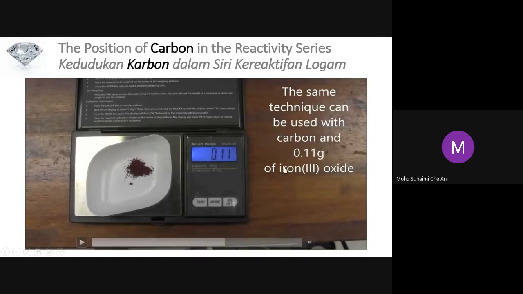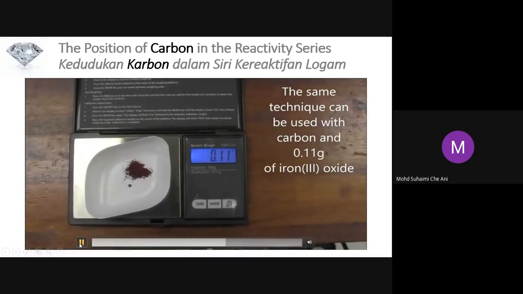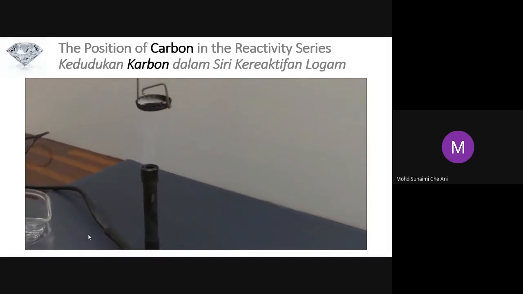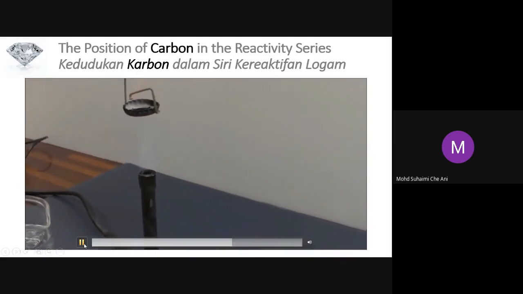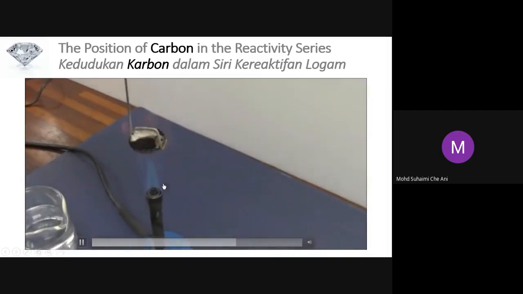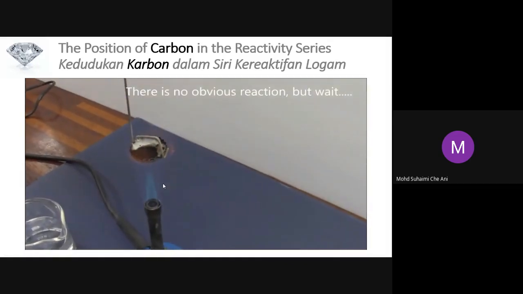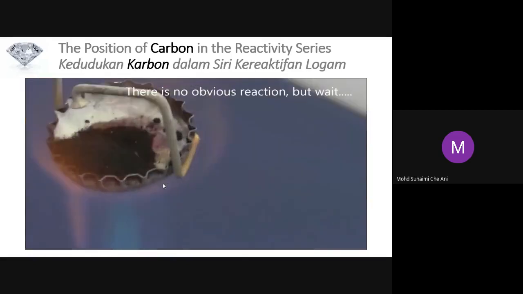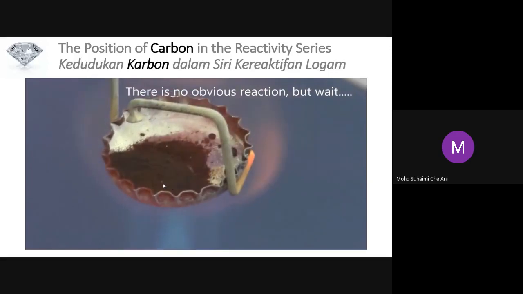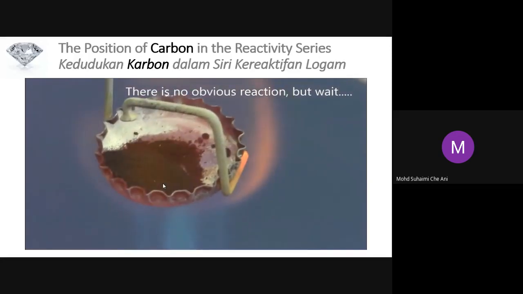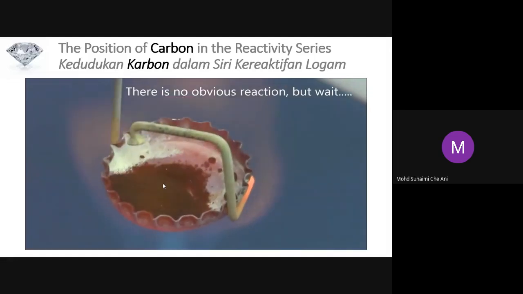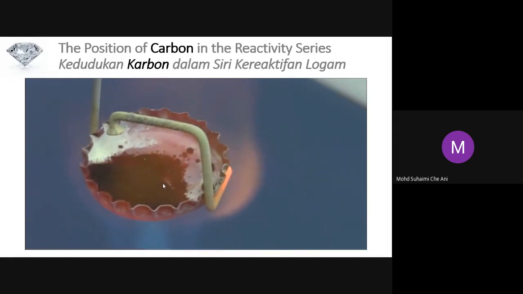Okay. And then this is another set of experiment. They use iron oxide, ferrum oxide, iron oxide. So iron oxide, ferrum oxide, you mix with carbon and then you heat those mixture. So you cannot see the obvious reaction, but actually there is a little bit of flame from the reaction, but you cannot see it clearly from here.